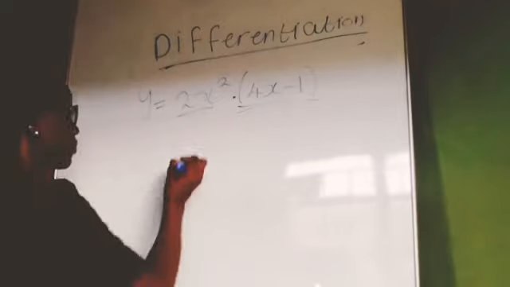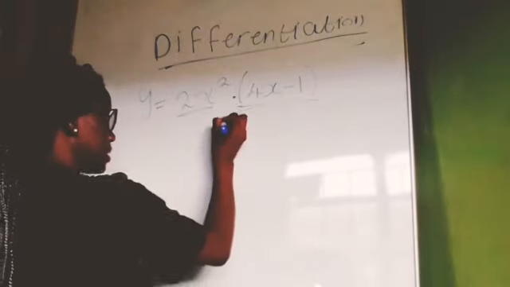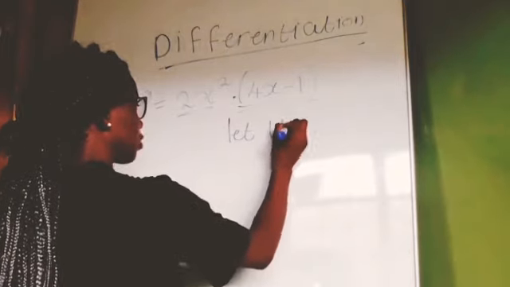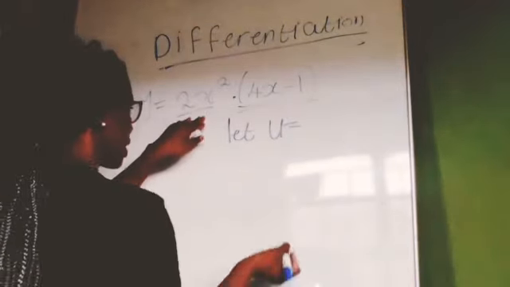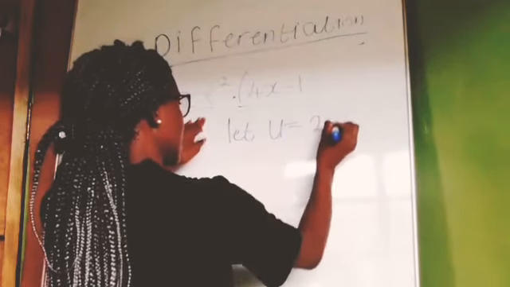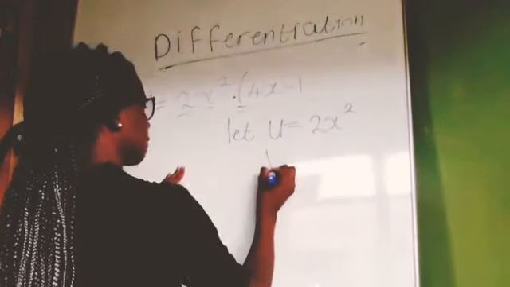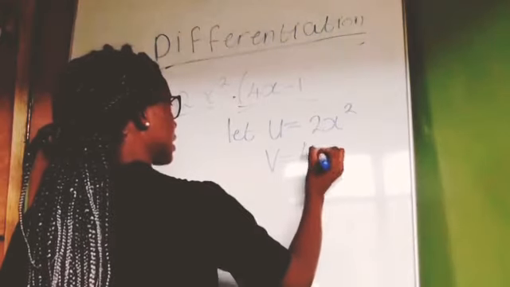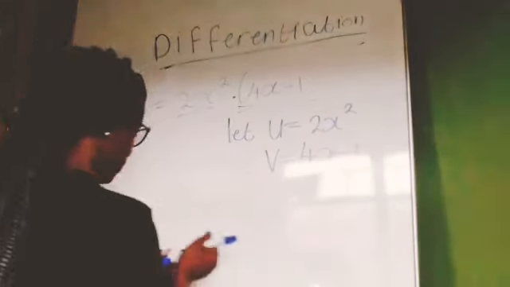So remember, we said to get the derivative, the first step is let u be equal to the first function, which is 2x squared. And you let v be equal to the second function, which is 4x minus 1.